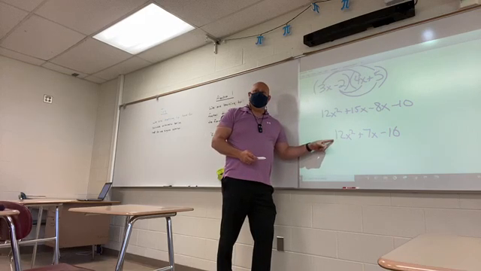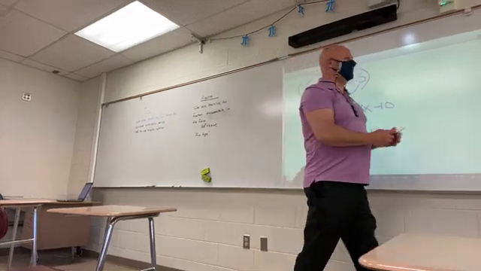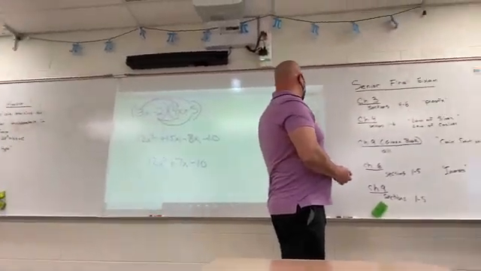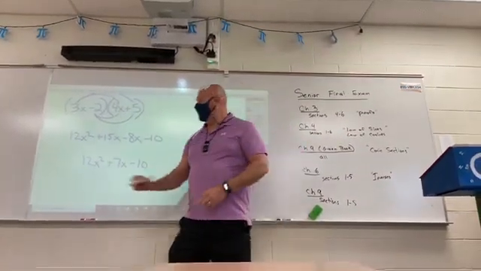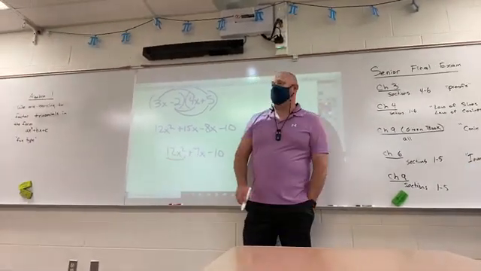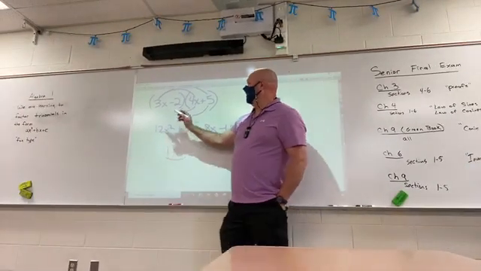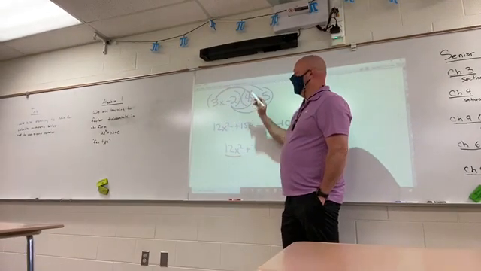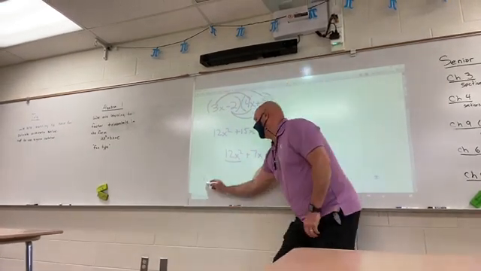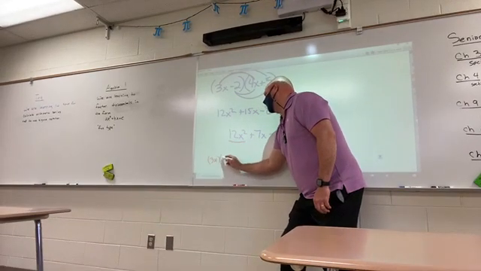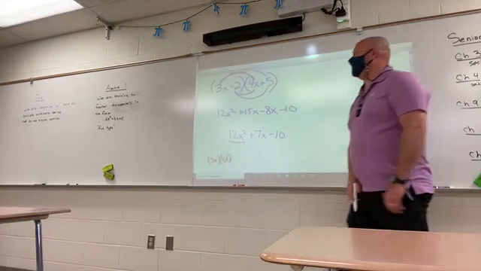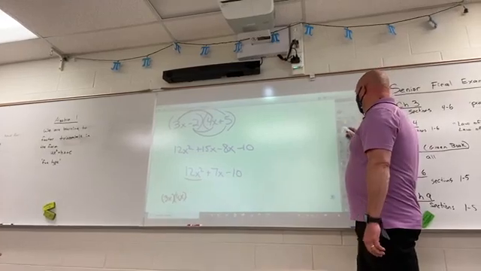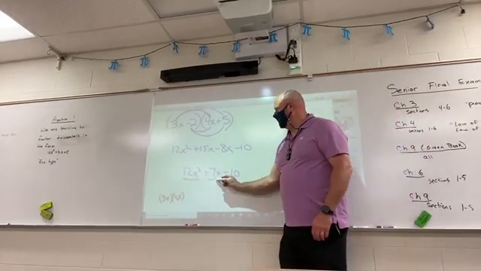Where does the 12x squared come from? Where does this one come from? It came from the 3x times the 4x, right? So we got that from 3x times 4x. Okay. Where did the 7x come from? Where did this part come from?